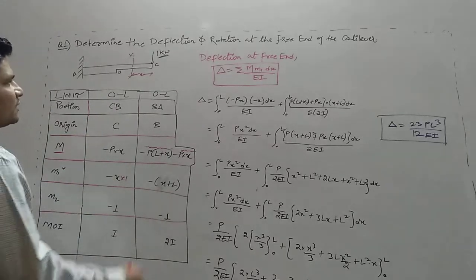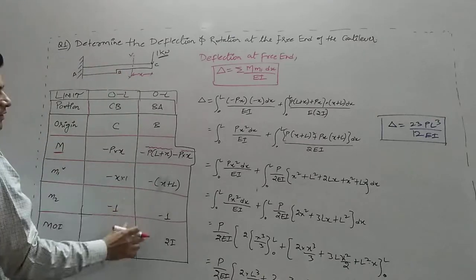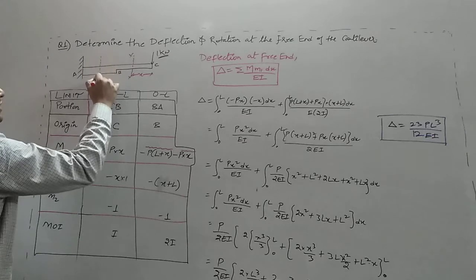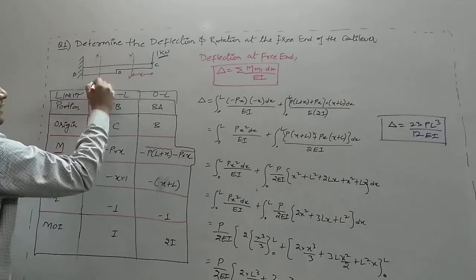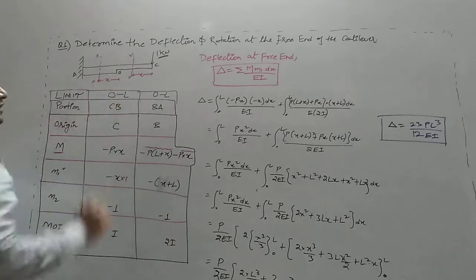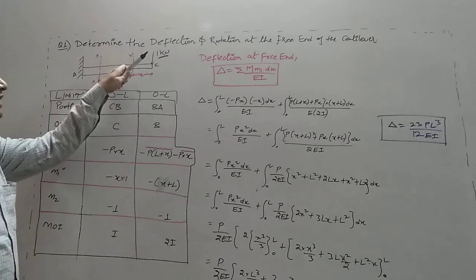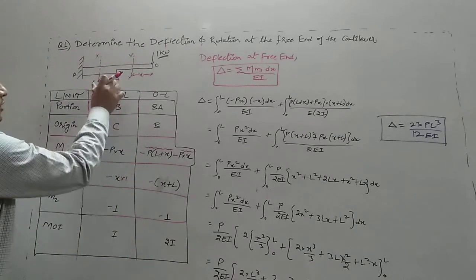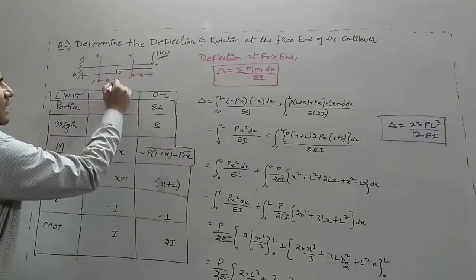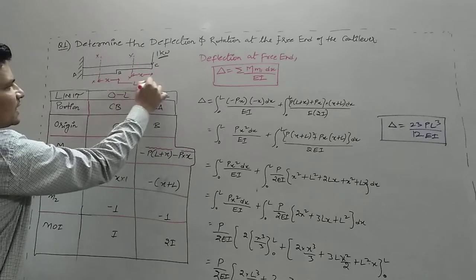Now similarly we have to write the M1 value for this BA portion also. If I am considering the XX section at a distance of X here, because initially we considered the B point as the origin, this is our origin, and now we are considering the X distance from this portion, and initially our length is L here.